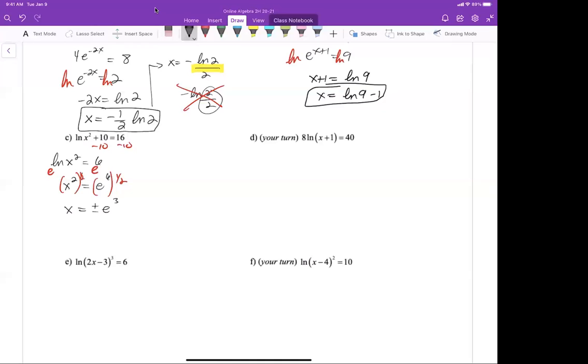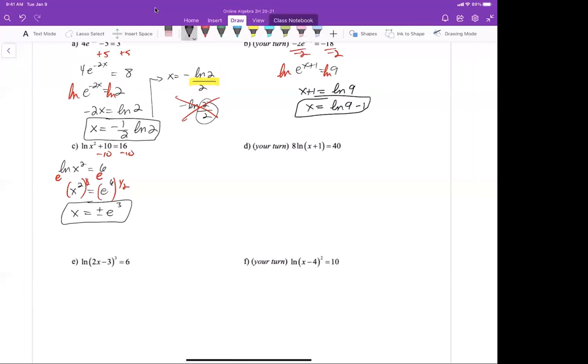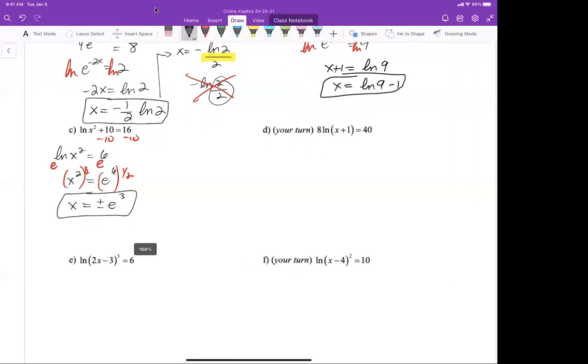So when I take the square root, it is plus or minus. And so this is my answer. A little bit tricky on the plus minus, I understand. But there's a couple different ways to think about it. When we take square roots, we're asking ourselves what number multiplied times itself gives us that value. I can have both a positive or a negative.